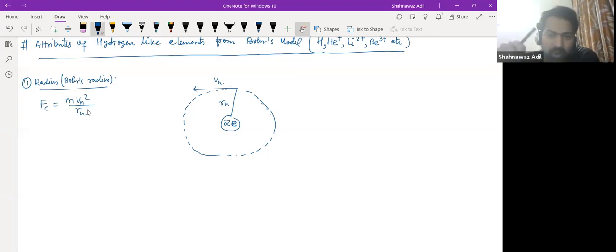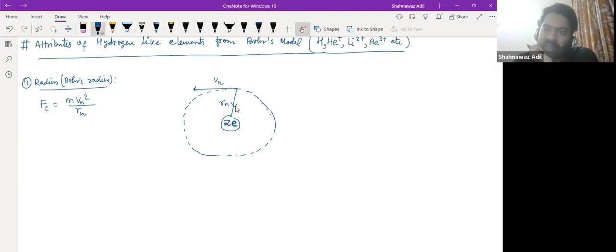Now, what is providing that centripetal force? We have this positive particle and this negative charge particle, the electron.